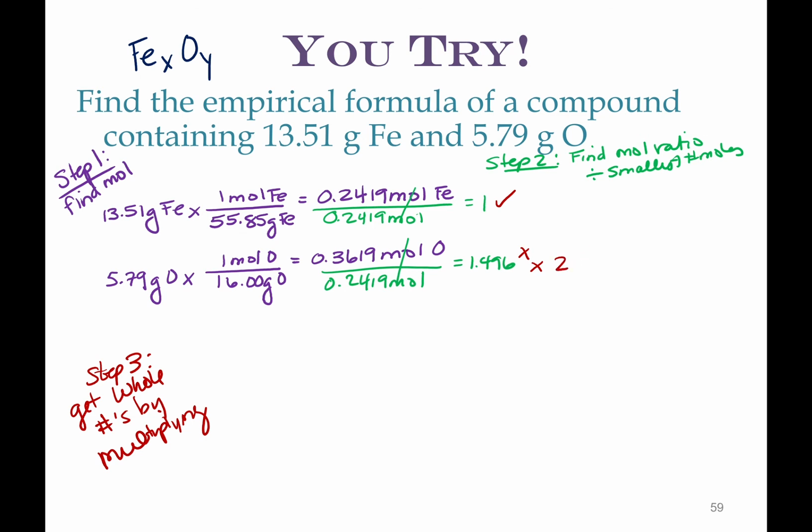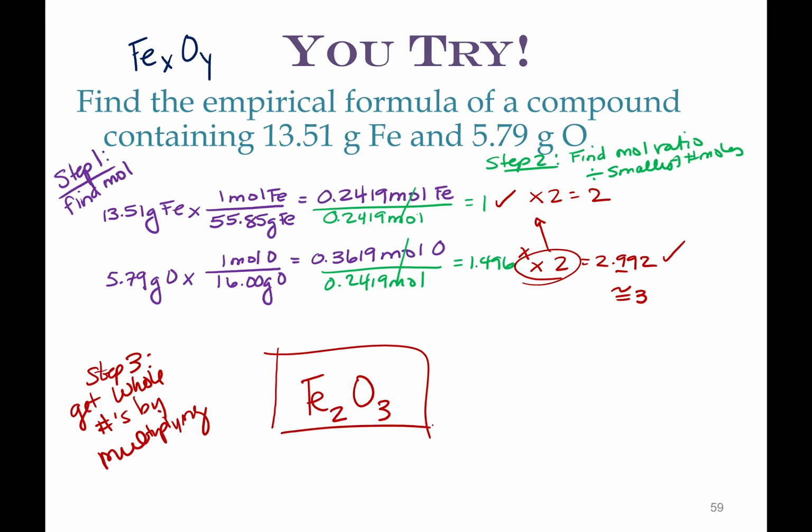So we multiply this by 2 and get 2.992. 2.9 something is roundable, so we can say that this is 3. We're not done though, because we multiplied this by 2, we have to multiply that one by 2. So times 2 gives us 2. And now we have Fe2O3. And that is our answer.